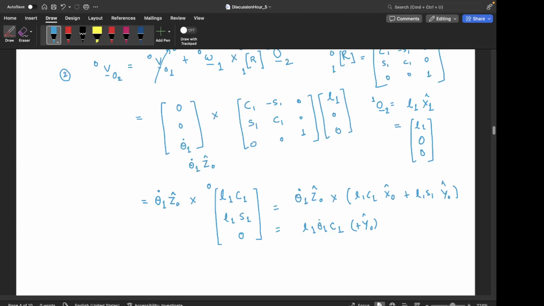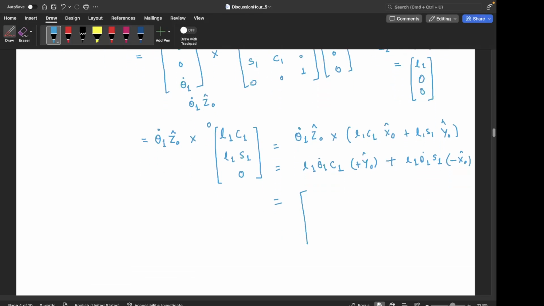So y, and plus L1 theta 1 dot s1, and this is minus x0, right?